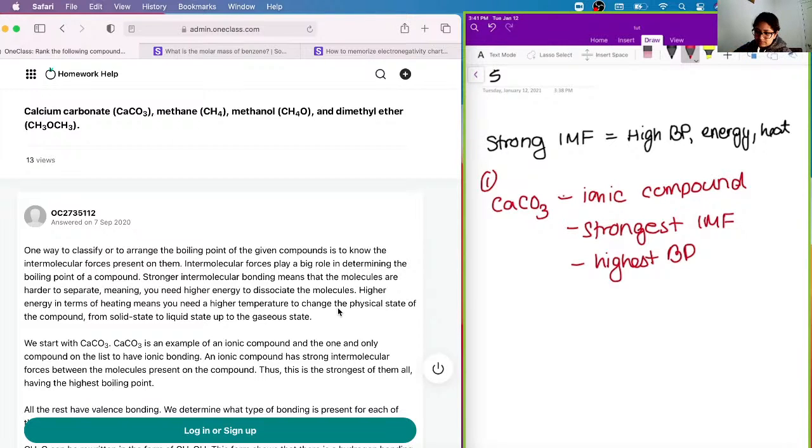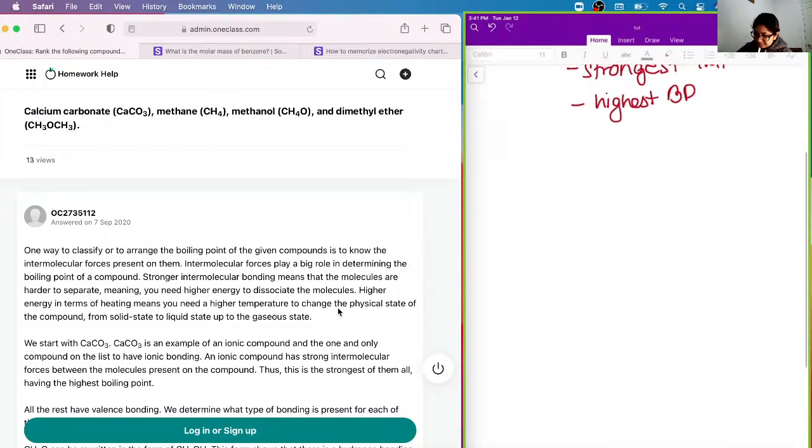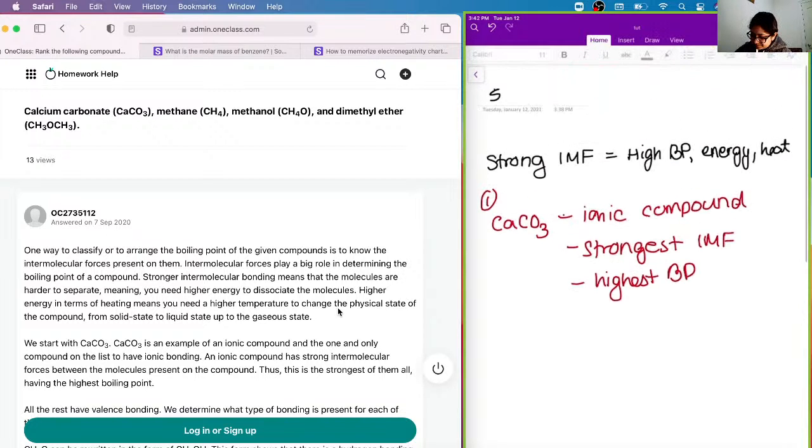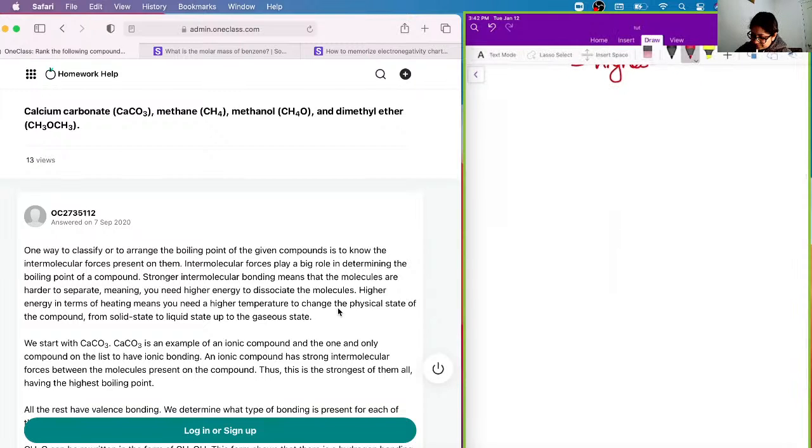have covalent bonding. And so let's start with methane.